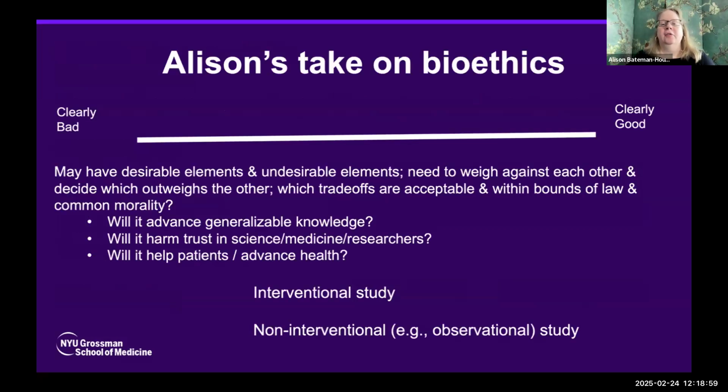So then again, what is bioethics? What is it that I am trying to do here? I think, as Barbara said earlier, when we're thinking about how to structure this trial or how to set up this research data sharing agreement, there's normally a continuum of ways that we can do things. Just looking at it, you can normally say, well, this is clearly bad.